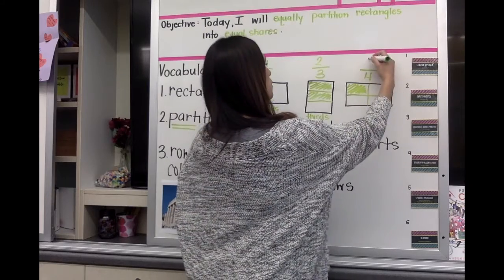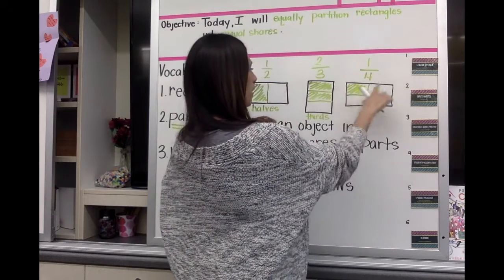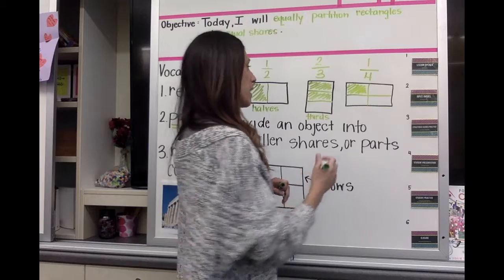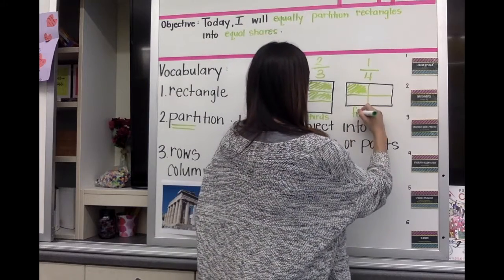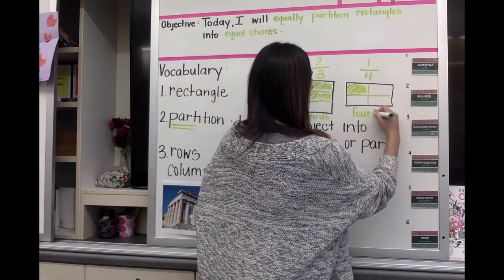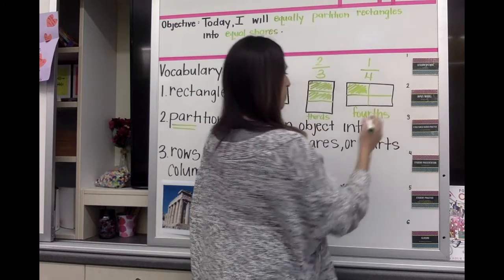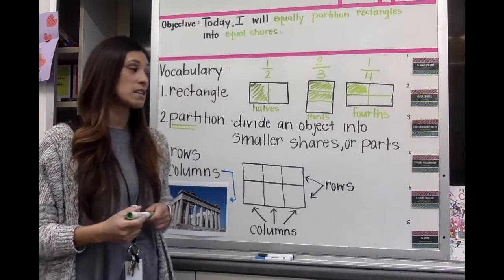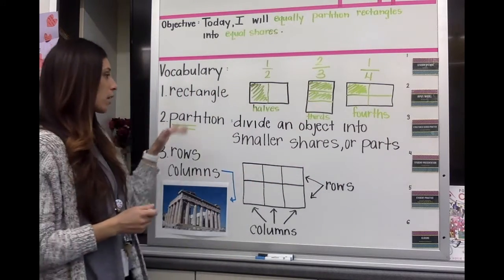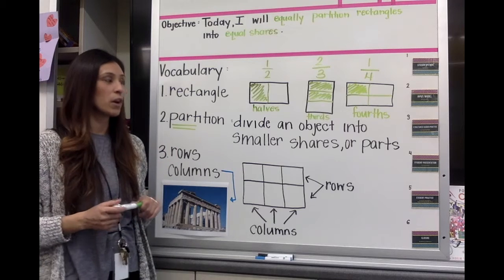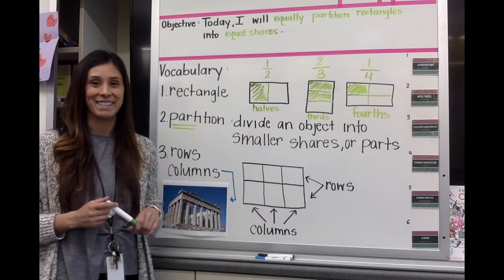So this fraction would be 1 out of 4 shares is shaded. And we would call this fourths. This shape has been divided or partitioned into fourths. So these are the vocabulary words that you're going to need to know for today's lesson, all right?